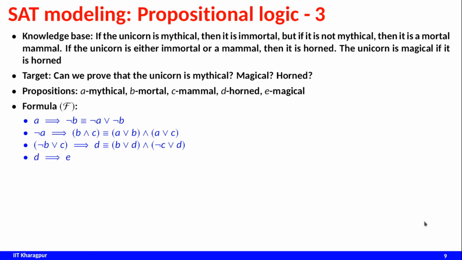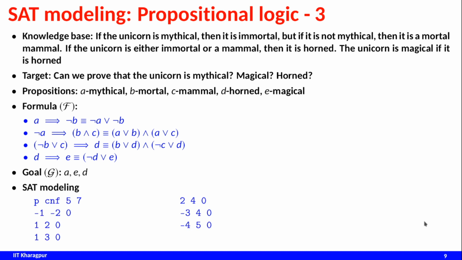And the last statement, the unicorn is magical if it is horned. So D implies E. So we have five variables, and we can actually model this one, and the goal is individually to check whether A is true, E is true, or D is true. So let us try to model this one. What we need to do is translate this into CNF.